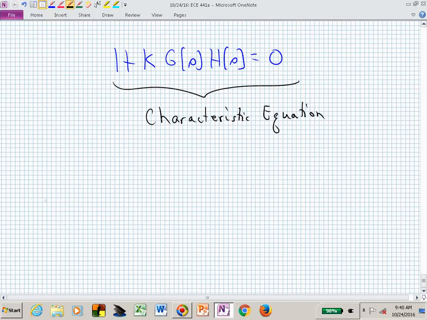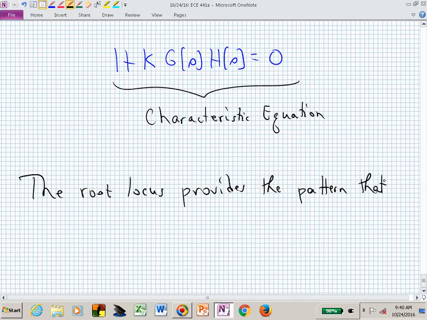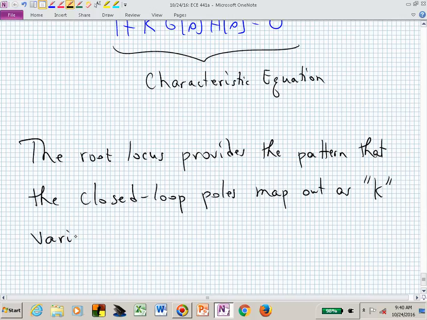In our case, the root locus provides the pattern that the closed loop poles map out as this gain K varies between 0 and infinity, K marching on.